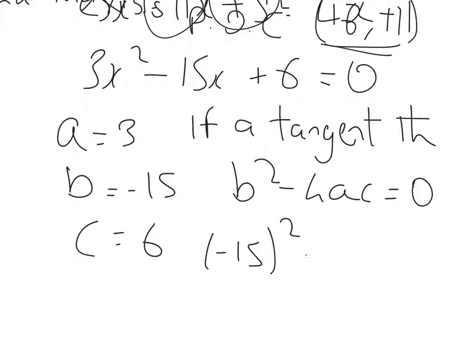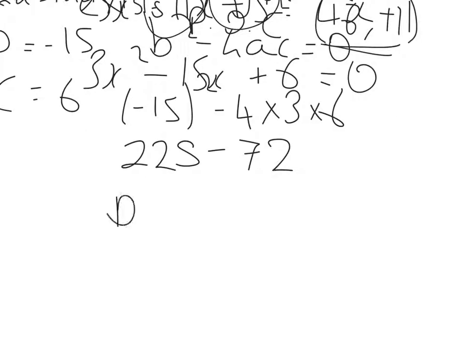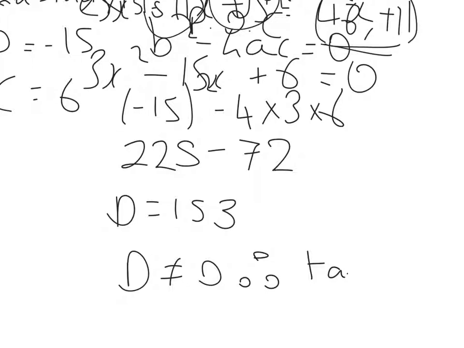Minus 15 squared minus 4 times 3 times 6. So minus 15 squared is 225. 4 3s are 12. 12 times 6 is 72. So d will be equal to 153. D does not equal 0, therefore tangency does not exist.